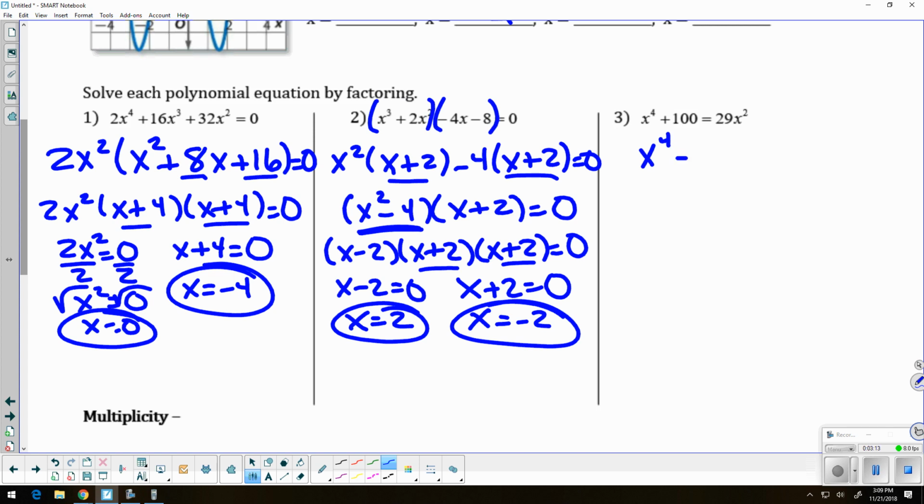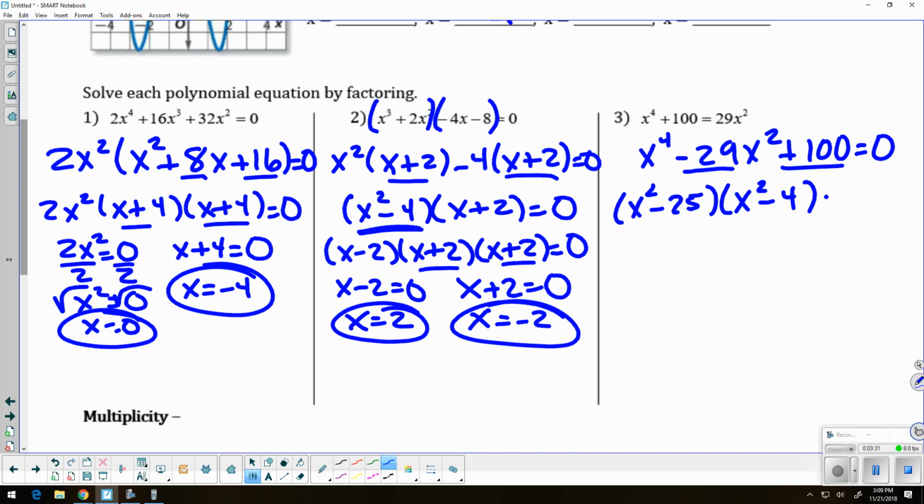And for number 3, last one, so bring the 29x squared over, just subtract it. So you'd have x to the 4th minus 29x squared plus 100 equals 0. And now we're set to factor. Just like a normal trinomial, I'm trying to find what multiplies to 100 and adds to be -29. This factors into x squared minus 25 and x squared minus 4. So 25 times 4, that's 100. And then if it's -25 and -4, that will give me -29.